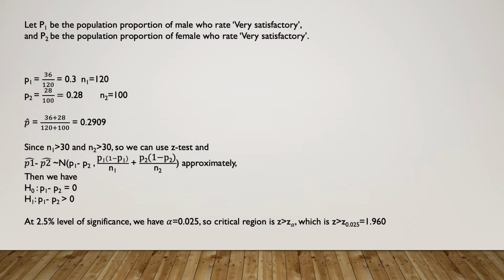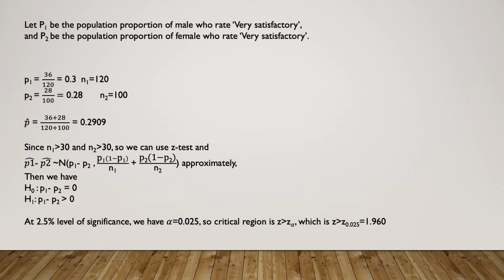P hat will then be 0.2909. Since both N1 and N2 are greater than 30, we can apply the Z test.